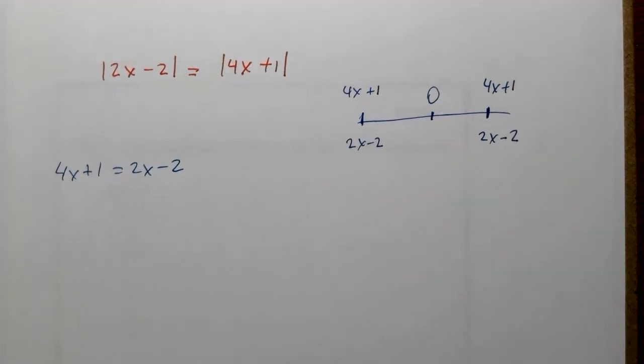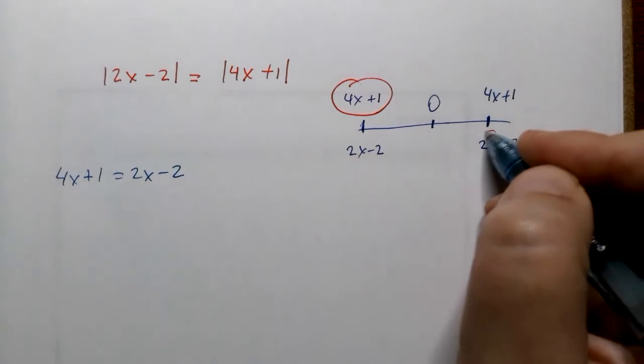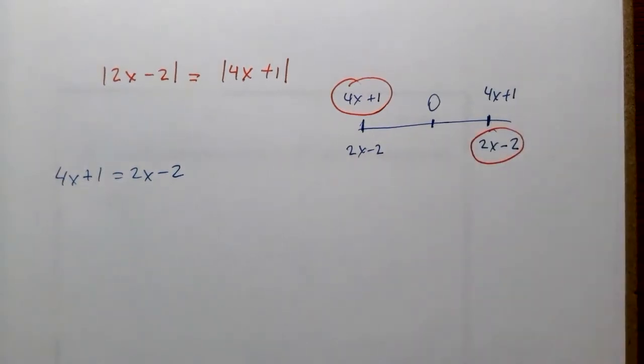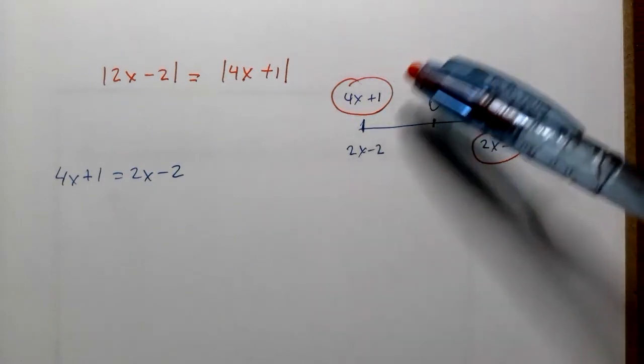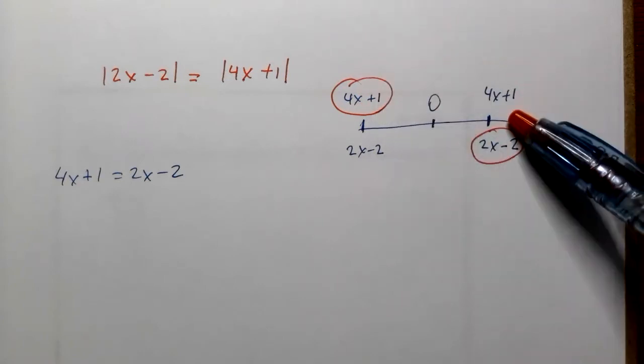What could also happen is that one is on one side of 0 and the other one is on the other side of 0. They're still equidistant from 0, but they're on opposite sides. So one should be positive and one should be negative. They're opposites of each other.